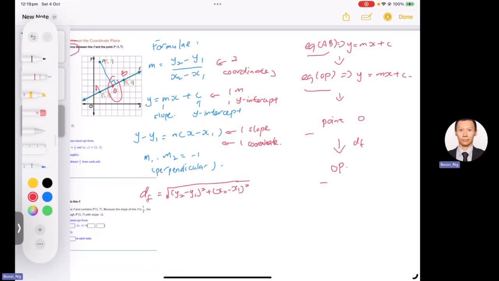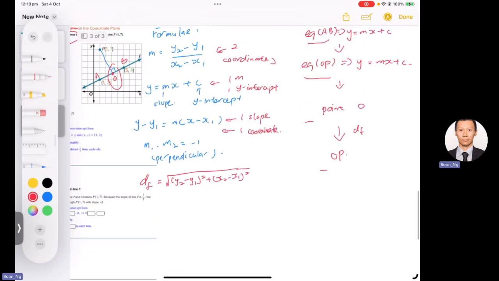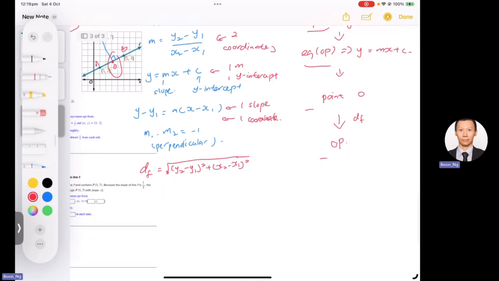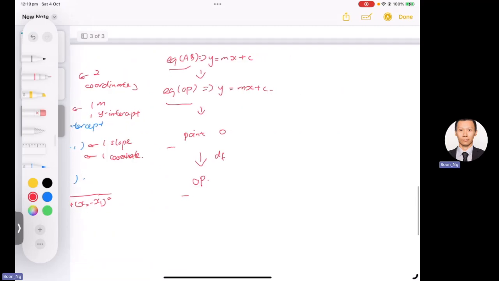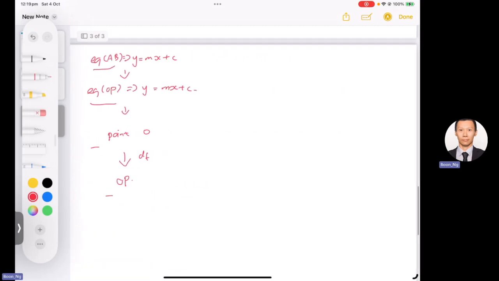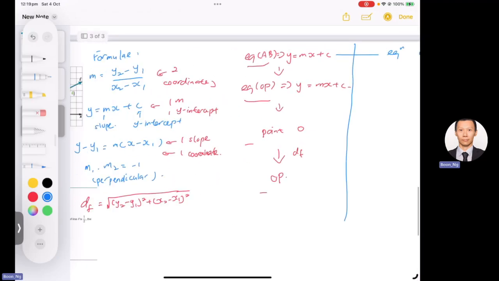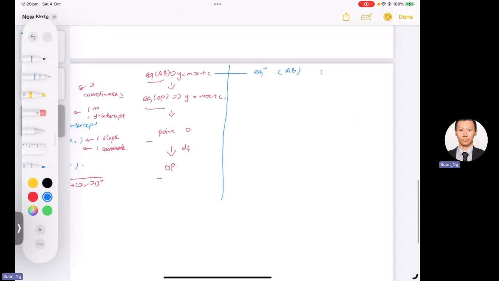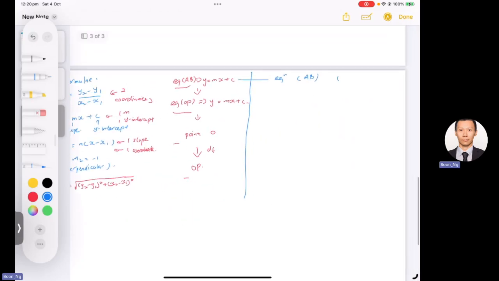Now, the first thing we do is look for the equation for AB. We have two coordinates: (1, 2) and (5, 4).